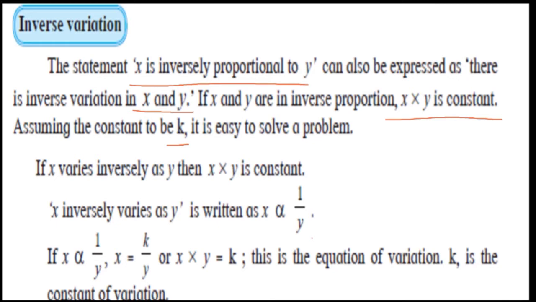If x proportional 1 upon y, then x is equal to k upon y, where k is a constant, or x multiplied by y is equal to k, means x multiplied by y is a constant. This is the equation of variation, and k is the constant of variation. X multiplied by y is equal to k is the equation of variation, and k is constant of variation.